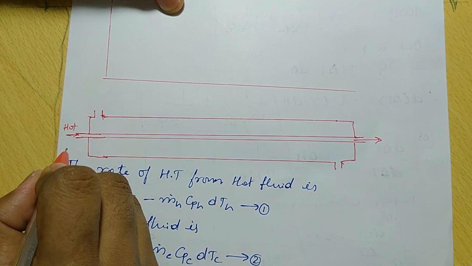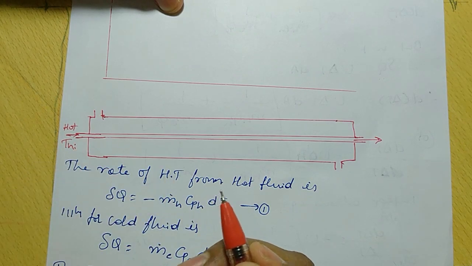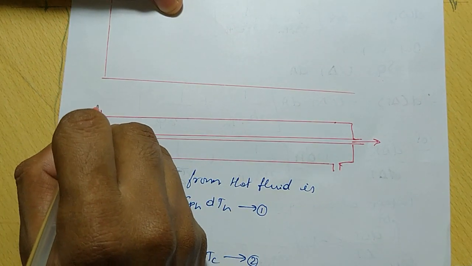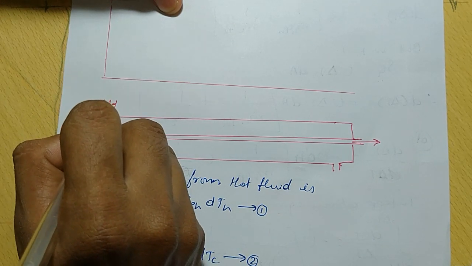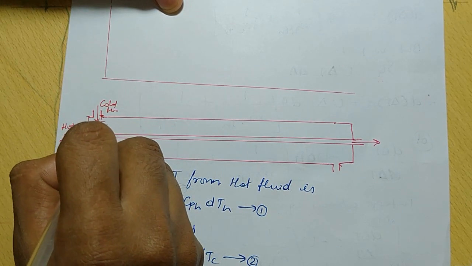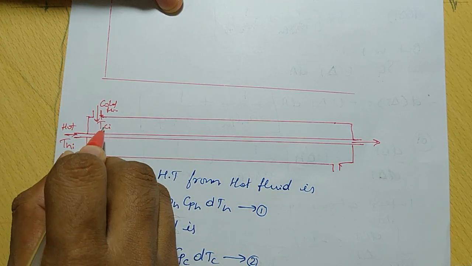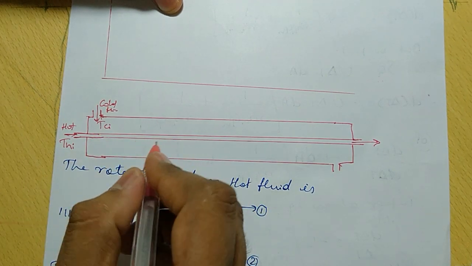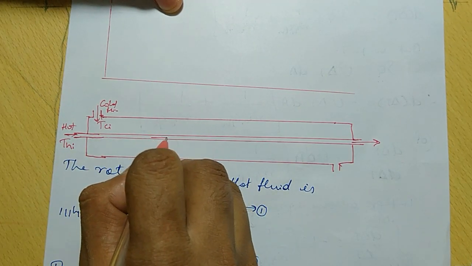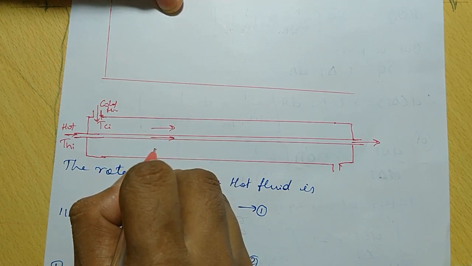For the hot fluid I am going to mention THI, and from here the cold fluid is entering, that is TCI. THI means hot fluid entering, TCI means cold fluid entering. Parallel flow heat exchanger means, as already explained, both the hot fluid and the cold fluid are moving in the same direction.